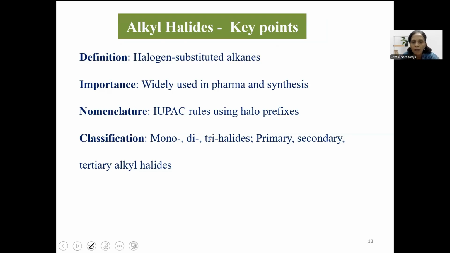So that is how IUPAC name should be written. Now coming to the classification, based on the number of halogens present in the molecule, they are classified into mono, di and trihalides. Further, monohalides are classified into primary, secondary and tertiary alkyl halides depending on the nature of carbon to which halogen is attached.